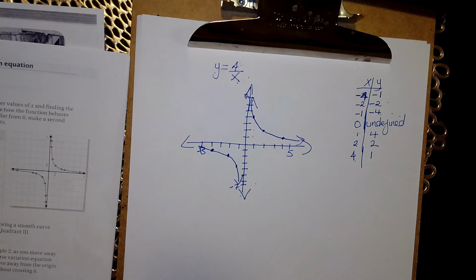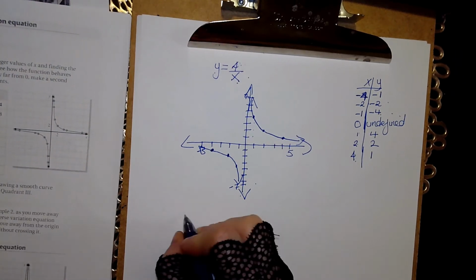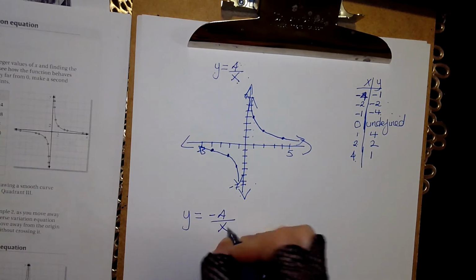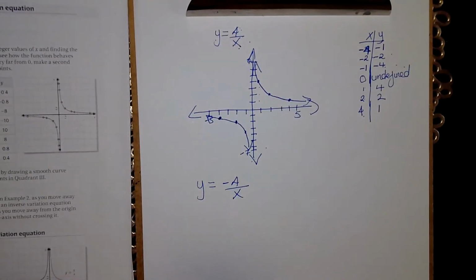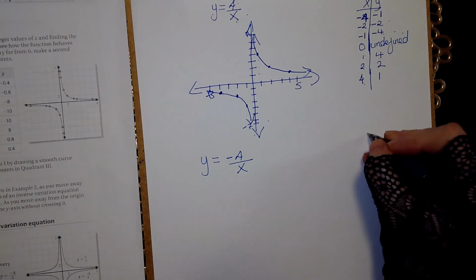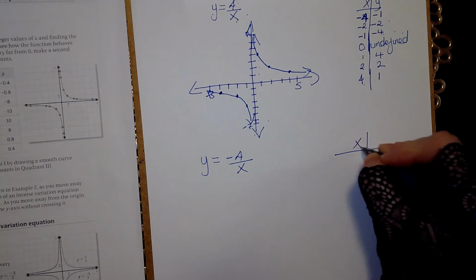All right, so we're going to do a -1, and the more you do this, you just practice and you'll get proficient at it. So we're going to see the difference when we put y equals -4 over x. All right, so I'm going to pick that up a bit, and we're going to pick some numbers, and then look at this now and see.